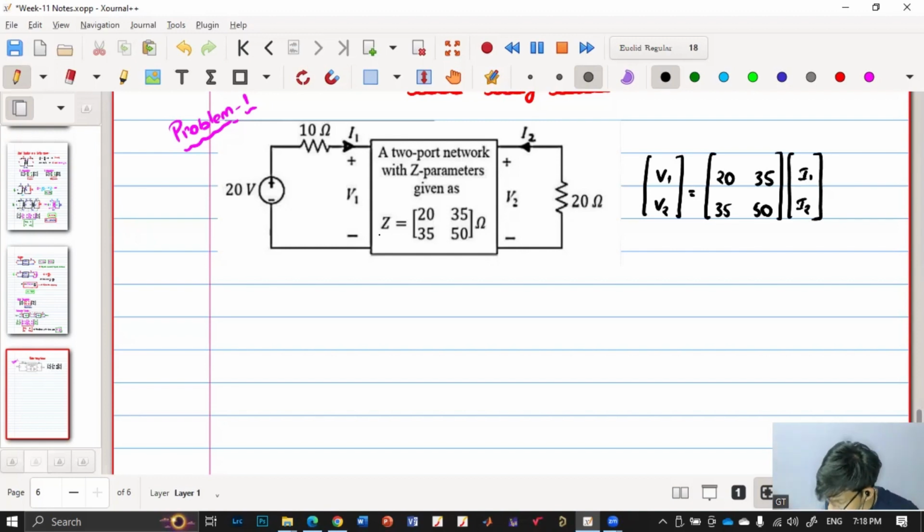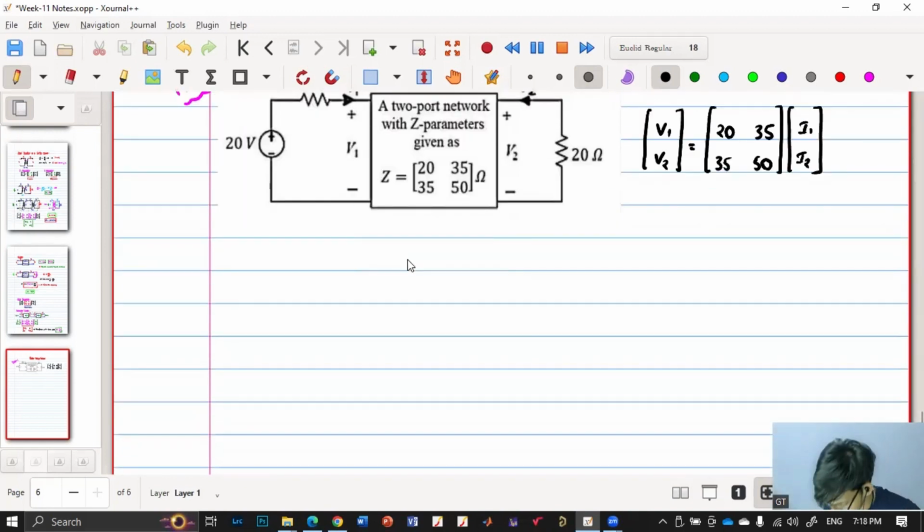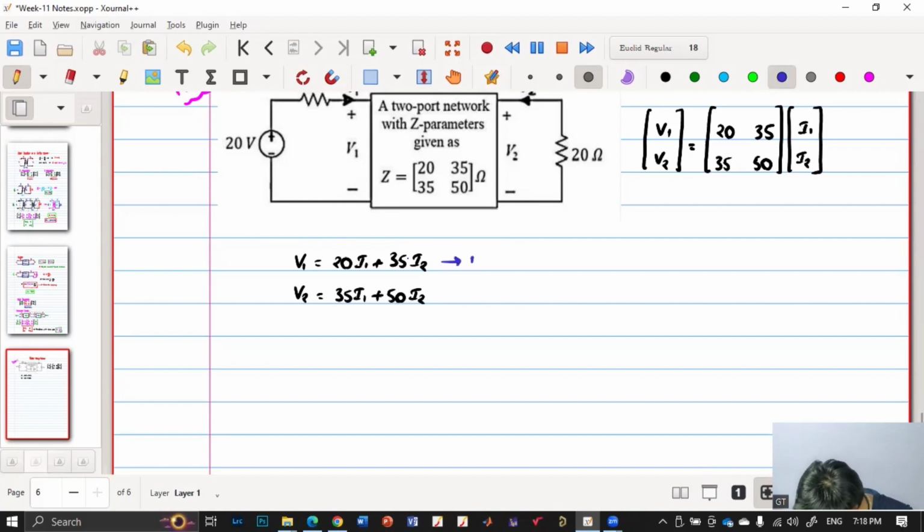We'll get two equations: V1 equals 20 I1 plus 35 I2, and V2 equals 35 I1 plus 50 I2. Let these be equation one and equation two.